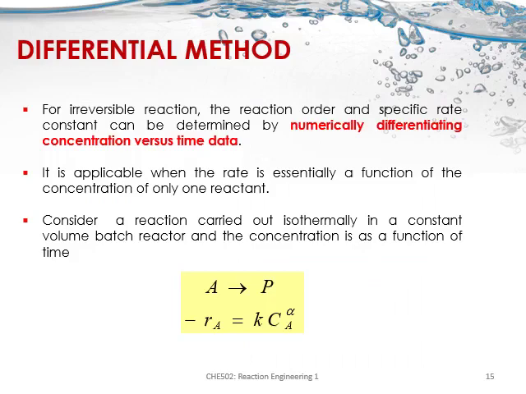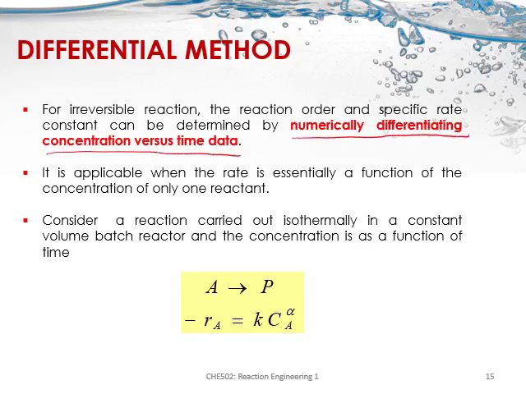We start with the first method, the differential method. For an irreversible reaction, the reaction order and specific rate constant can be determined by numerically differentiating concentration versus time data.